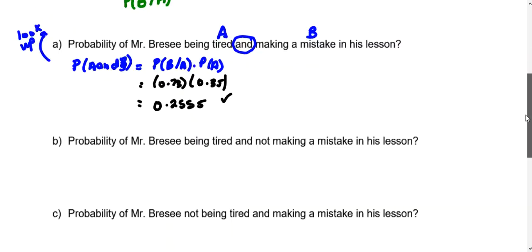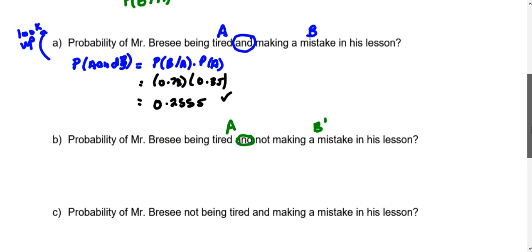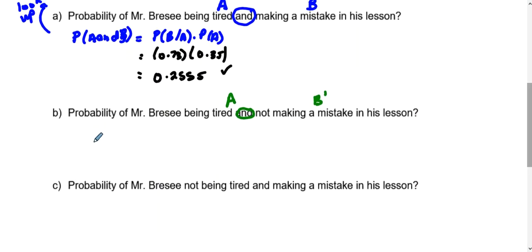Second question. So I'm going to use green here. The probability of being tired, that's A, and not making a mistake, that's B prime. So just like we did with our examples with independent probability, carry the complements down for the letters.